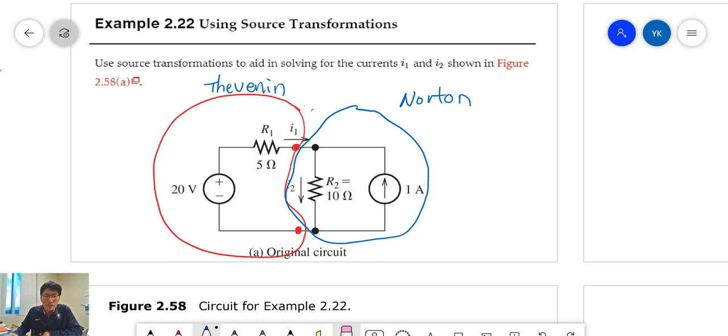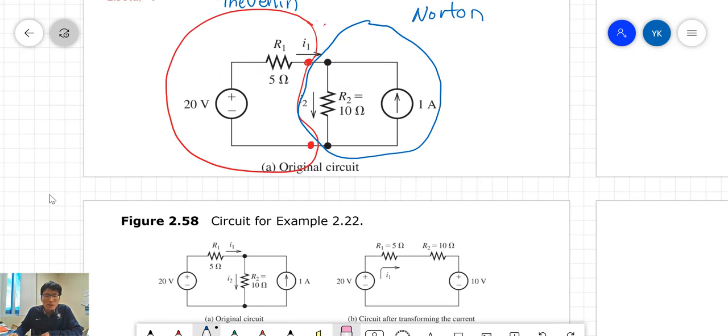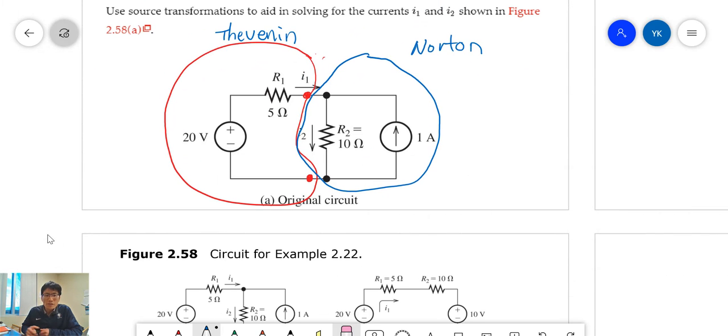They are combined together in this circuit. In this circuit we can replace the Thevenin circuit with a Norton, and the right side, the Norton equivalent circuit, can be converted into the Thevenin. Either. Okay.